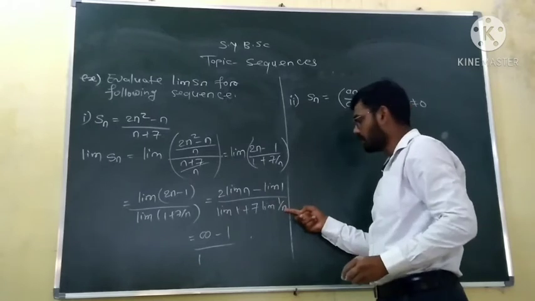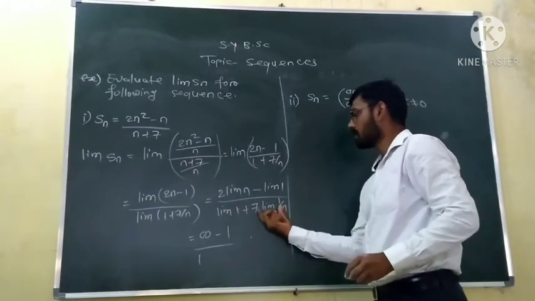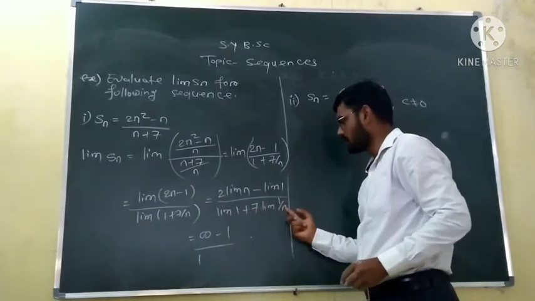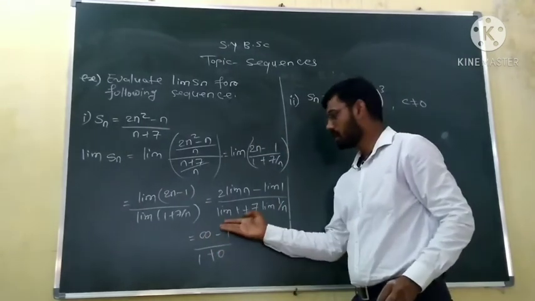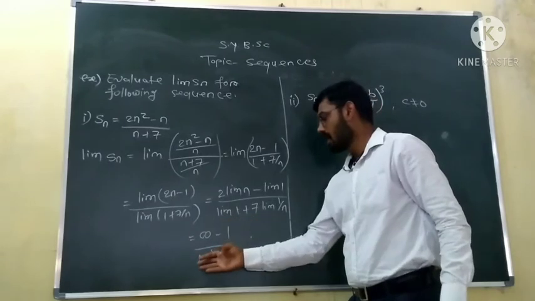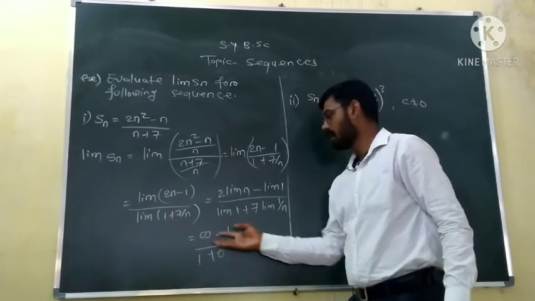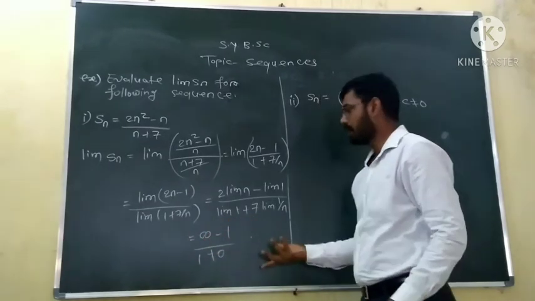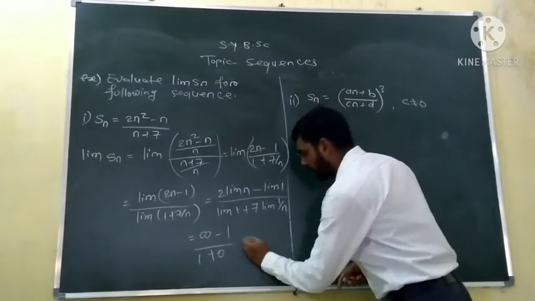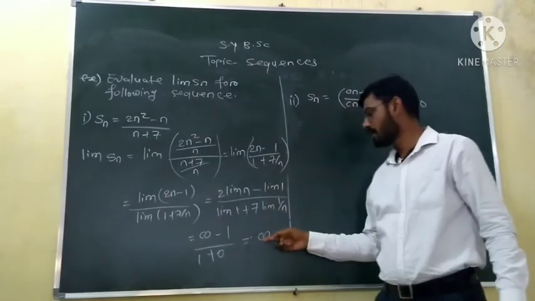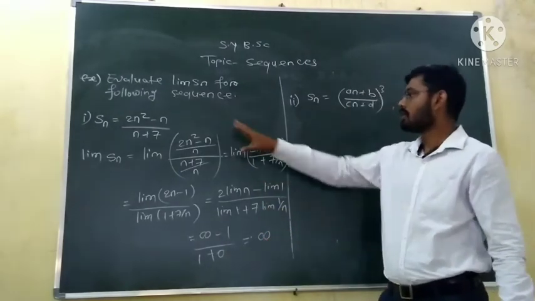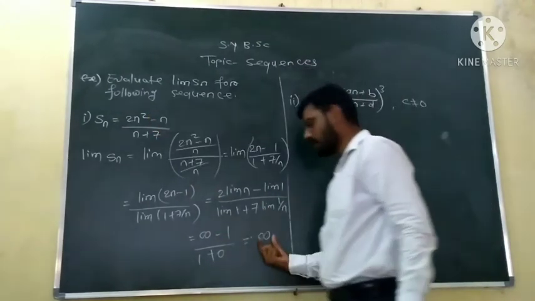As n tends to infinity, the limit of n is infinity, so 2 into infinity is infinity, minus 1. In the denominator, 1 by n tends to 0, so 7 into 0 is 0, giving 1 plus 0. So in the numerator there is infinity upon 1, which is infinity. The limit of Sn is not a finite number, it diverges. So the limit of Sn is infinity.